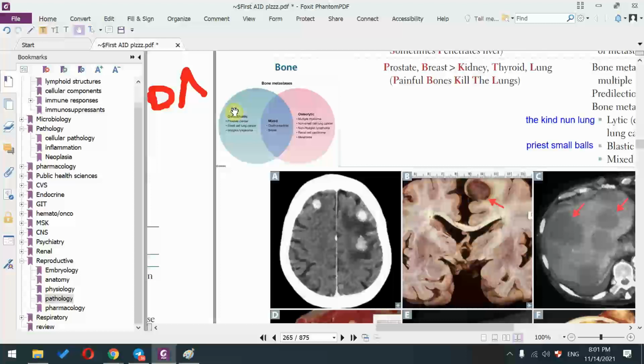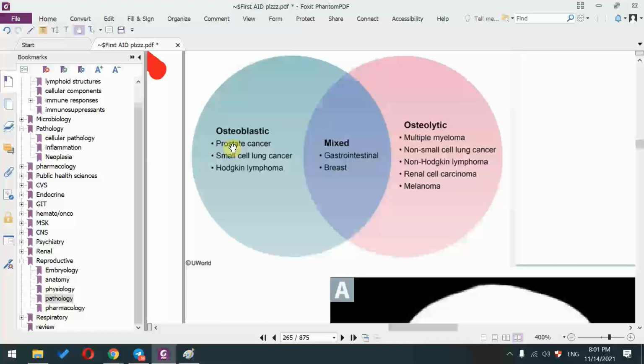You must know that the osteoblastic ones are prostate cancer, small cell lung cancer, and Hodgkin's lymphoma. And remember the K, N, L. So that was thyroid cancer, non-Hodgkin's lymphoma, non-small cell lung cancer, and renal cell carcinoma. It's the kidney.